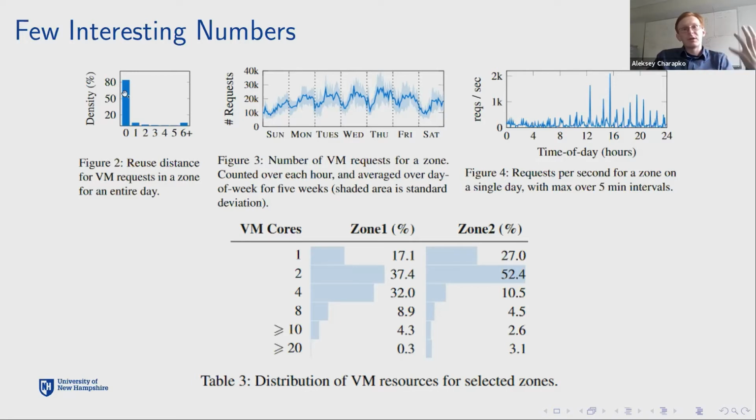So there is a great degree of repetition in terms of what virtual machines are being used, and that is largely because there are certain very popular types of virtual machines, and certain types are less popular. So people will allocate more popular types more often.